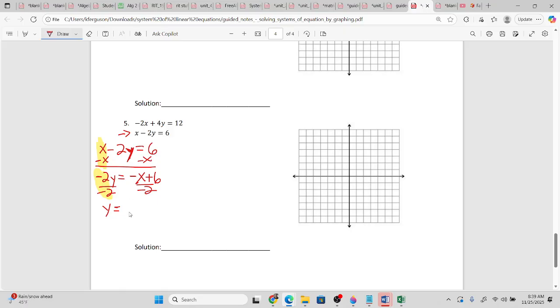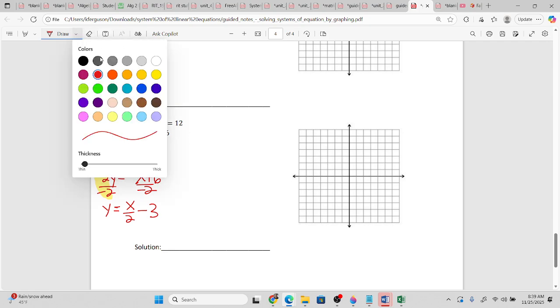Well, the negatives cancel each other out, and I'm just going to have x over 2. And then I've got 6 divided by negative 2. What's 6 divided by negative 2? Negative 3. So that's what I got.